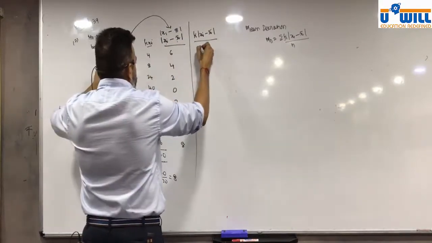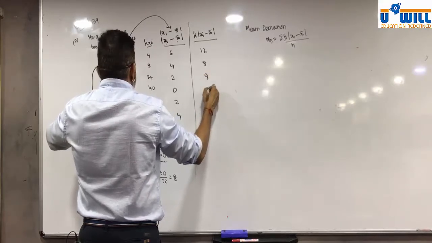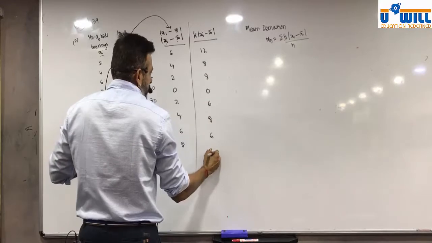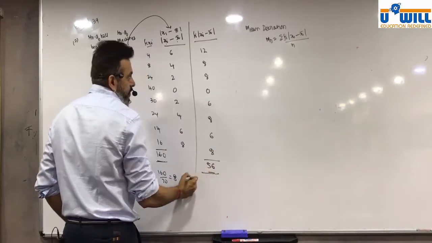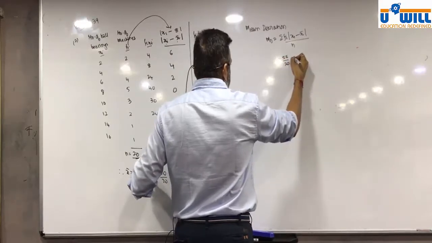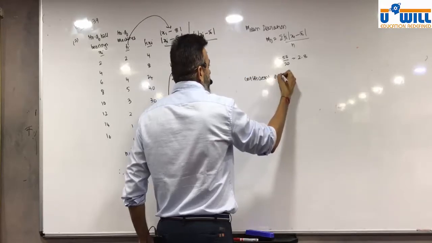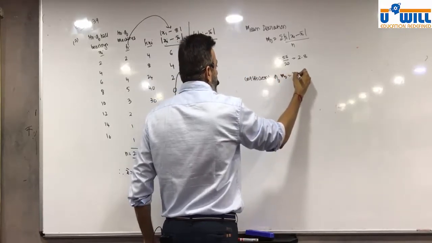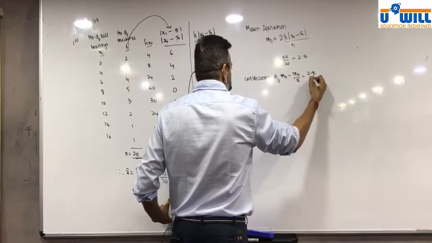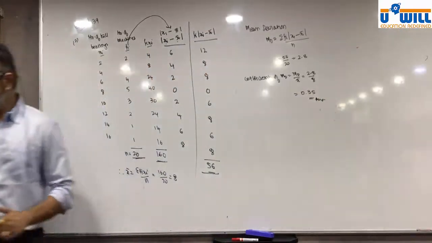This into this: 12, 8, 8, 0, 6, 8, 6, 8, total 56. N is 20, so it is equal to 2.8, and coefficient of mean deviation is equal to mean deviation upon mean, 2.8 upon 8, 0.3. Answer.